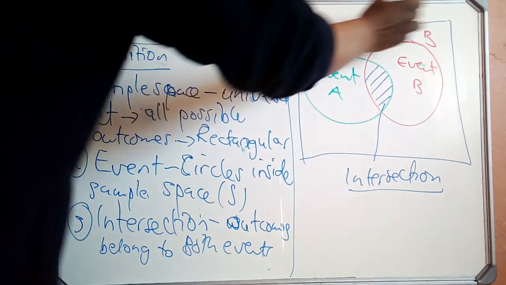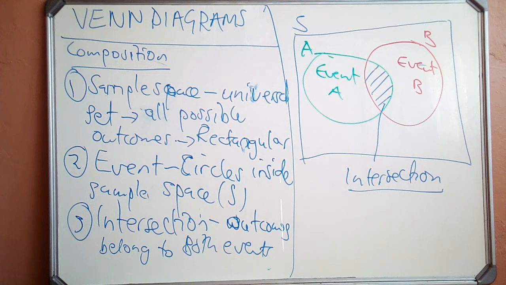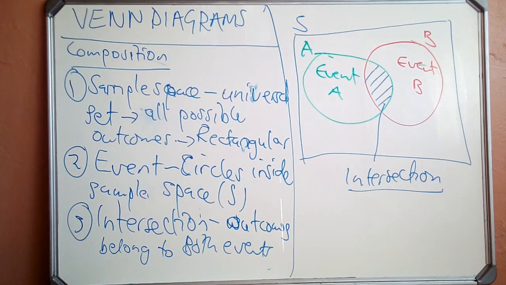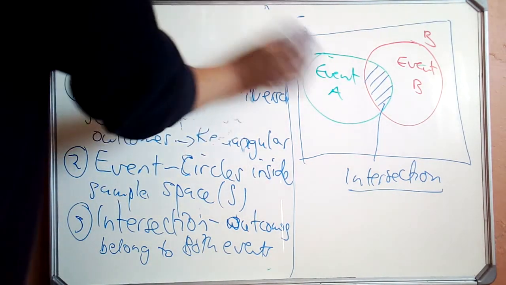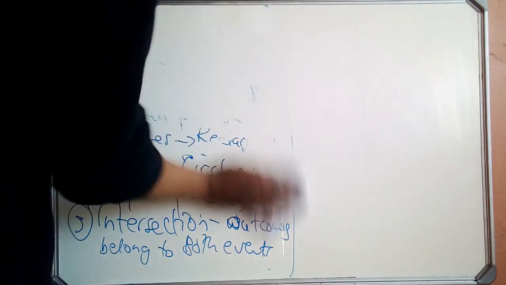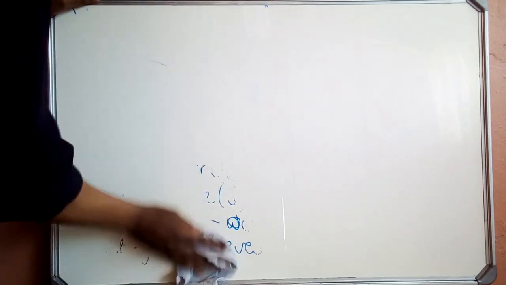Remember, we've got the sample space, the events depicted as circles, and the intersection. Now we're going to look at an example and calculate the probability of particular events taking place.